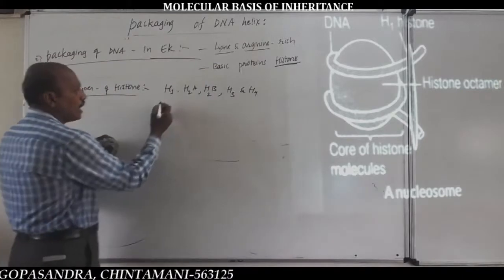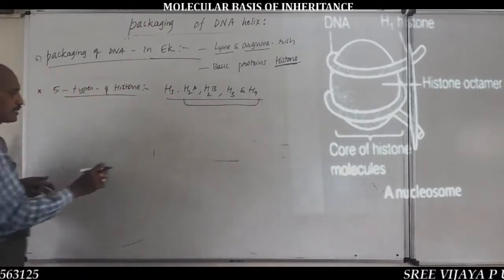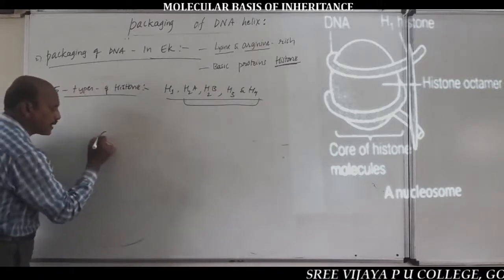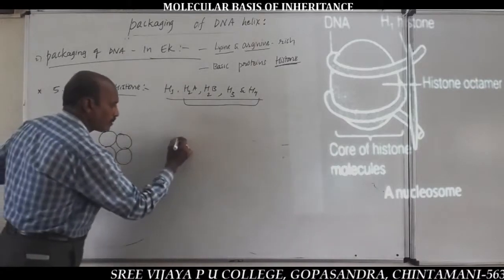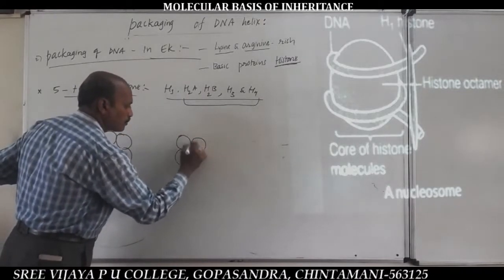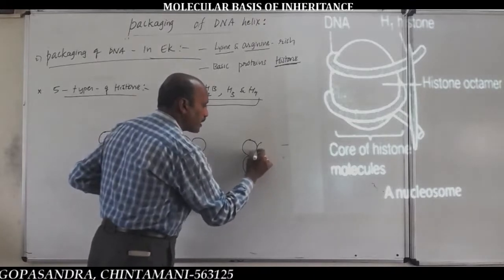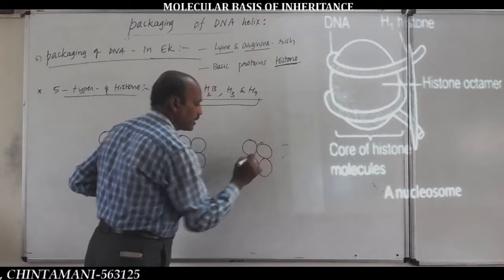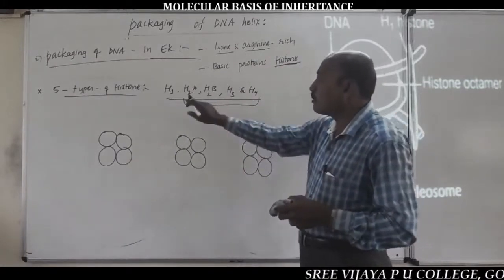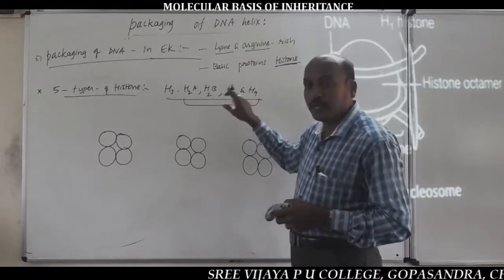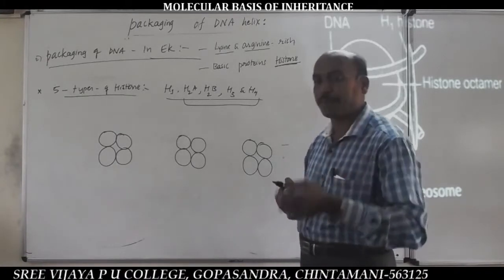You should remember, out of 5 types of histones, 4 histone proteins occur in pairs, like H2A protein, H2B protein, H3 protein and H4 protein occur in pairs, meaning 2 copies of each protein. Each one exists in 2 copies.